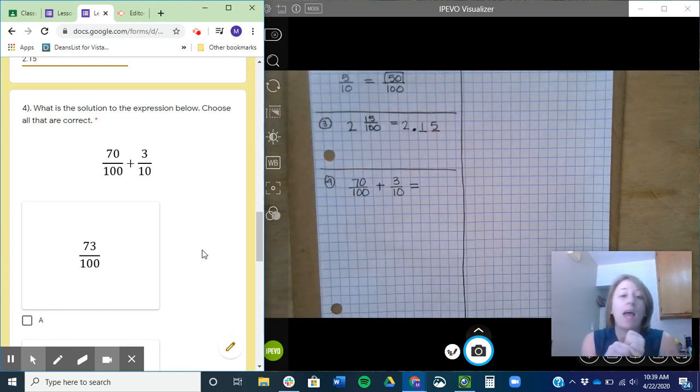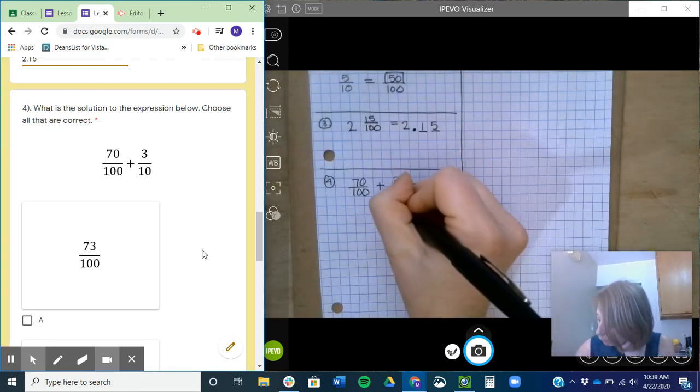We cannot add fractions with different denominators, that's right, different denominators. And the reason for this is because they may not be the same size. So our goal is to find an equivalent fraction that is the same size.